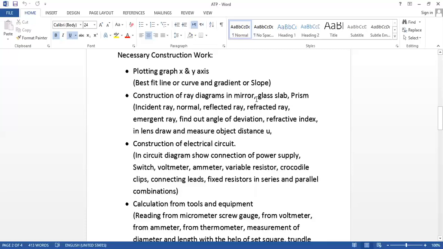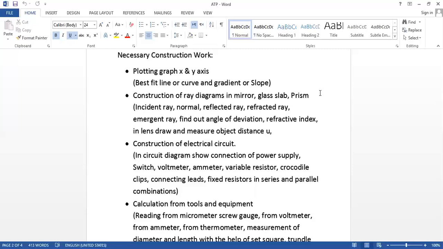Now next is refraction. Refraction means we will discuss 3 things: glass slab, prism, and lens. Refraction occurs from these three pieces of equipment: glass slab, prism, and lens.